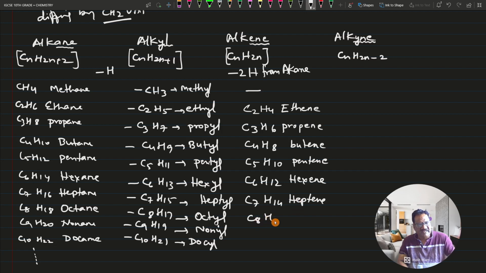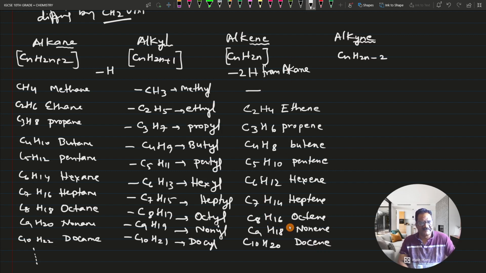C8H16, octene. C9H18 will be nonene, all ending with ene, and C10H20 will be decene, ending with ene. So this is the homologous series of alkenes.